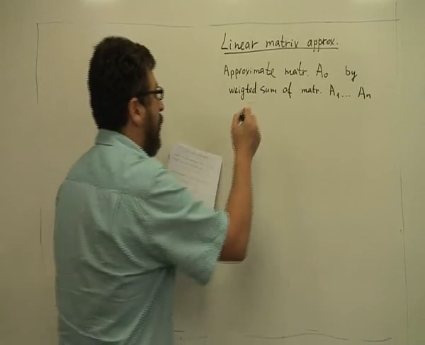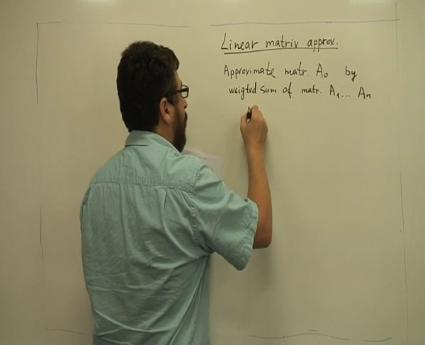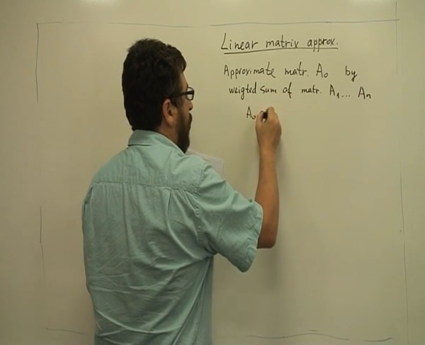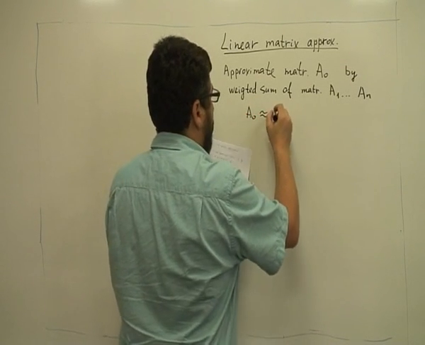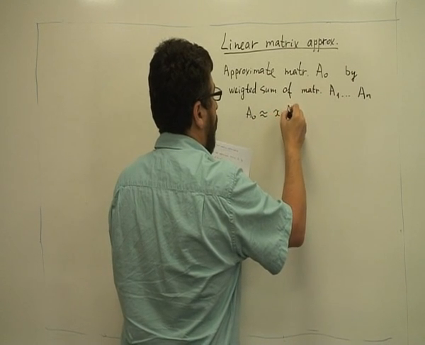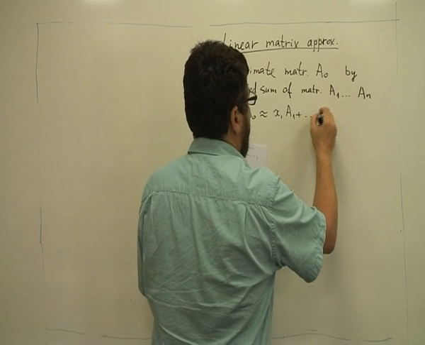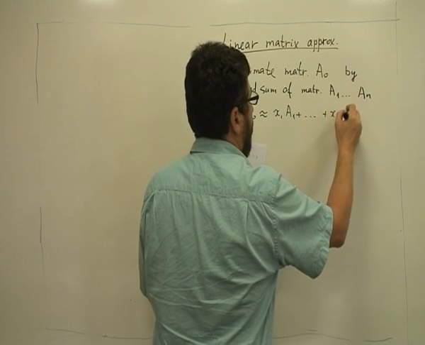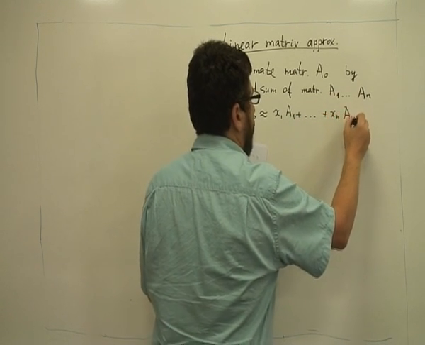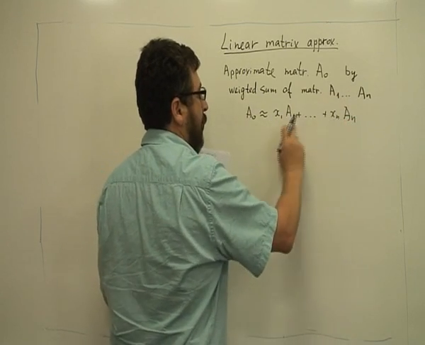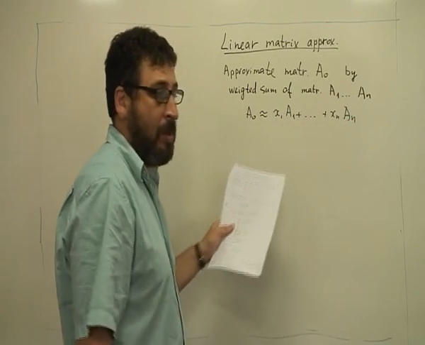So we write A0 is approximately x1 A1 plus ... plus xn An, where x1 till xn are numbers, scalars.